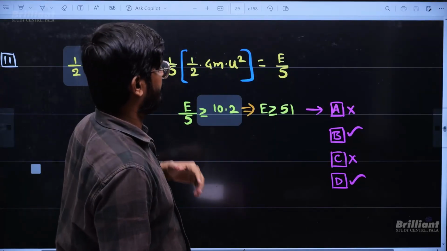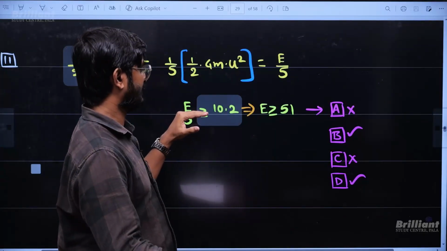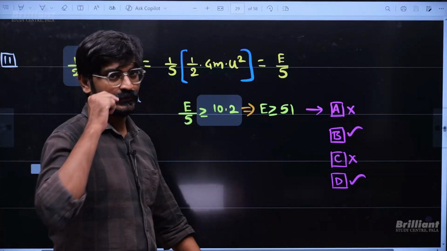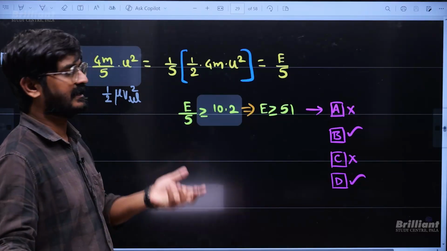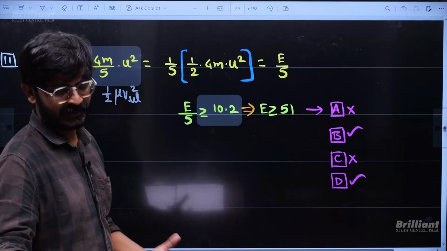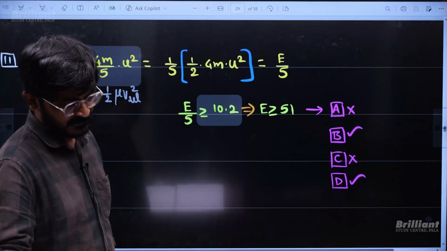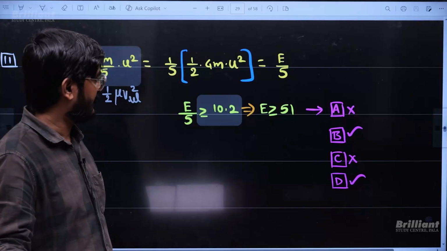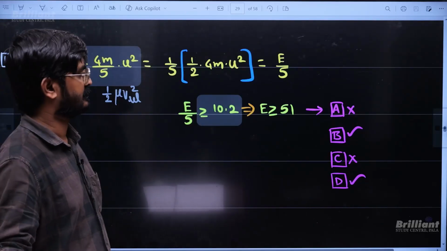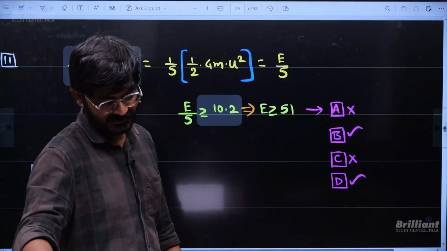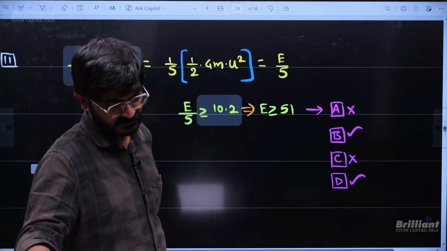If that is greater than or equal to 10.2, only then is inelastic collision possible. If the maximum loss that can happen is less than 10.2, hydrogen doesn't accept it. So for excitation to happen, E by 5 should be at least 10.2. That is, the E value should be at least 51. So option A is wrong.